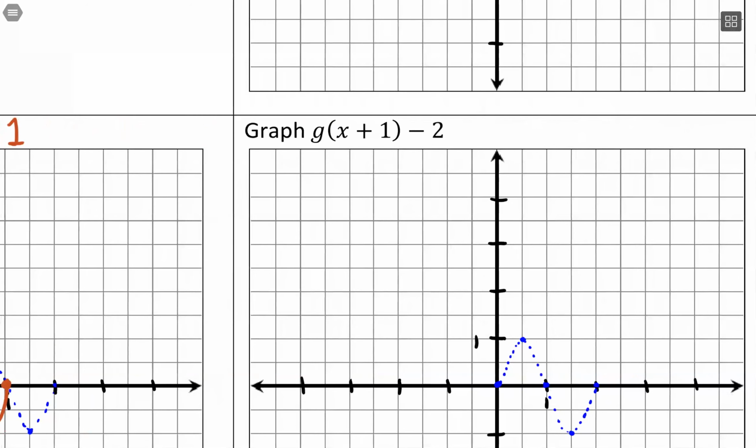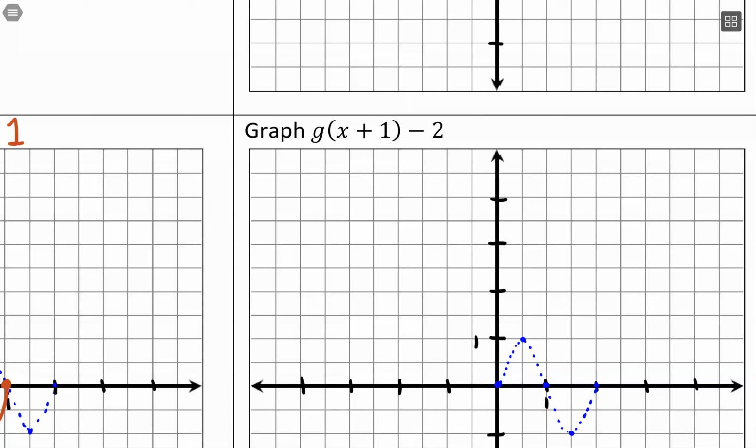And here, with the shift, order doesn't matter in terms of horizontal or vertical shift, so we can do either way. When we start doing stretches and compressions in here, we want to do stretches and compressions first, and then we'll shift up, down, left, right.